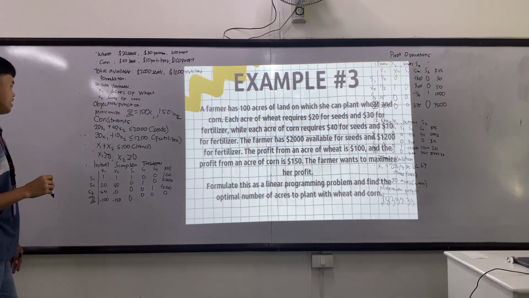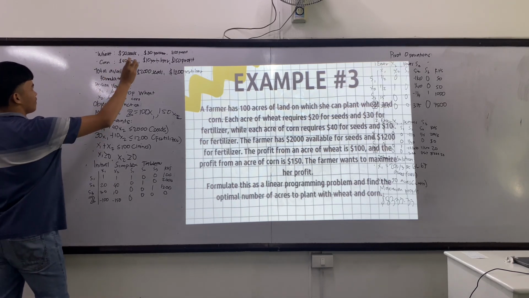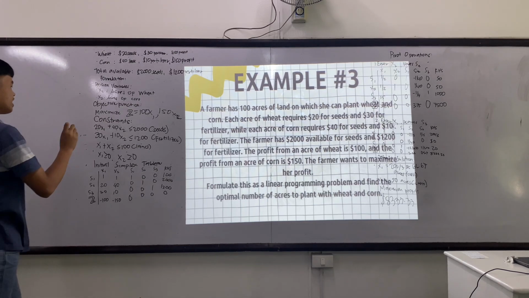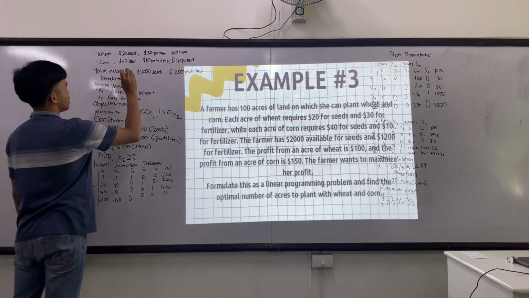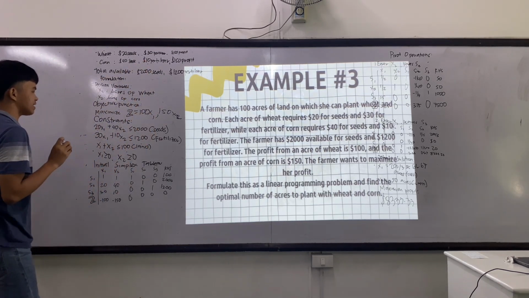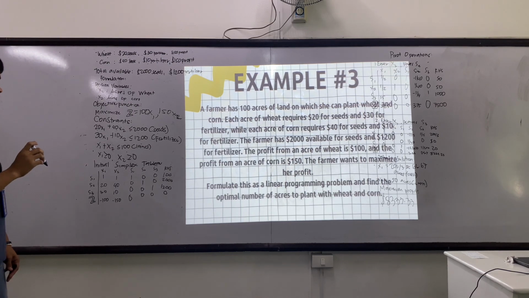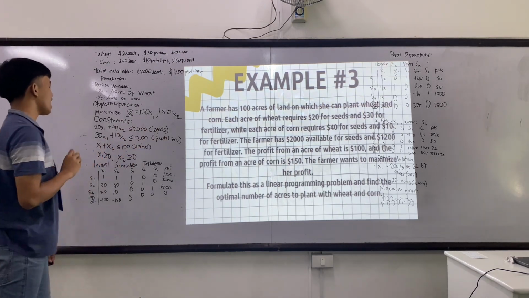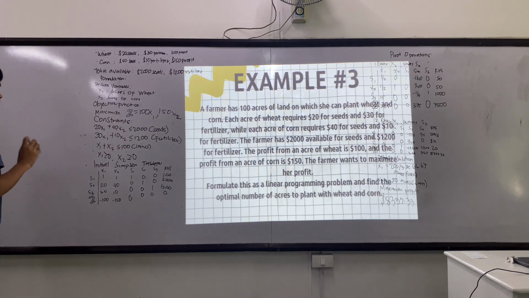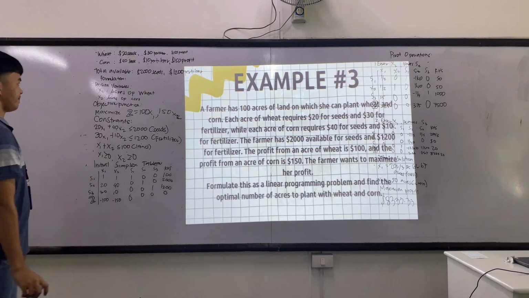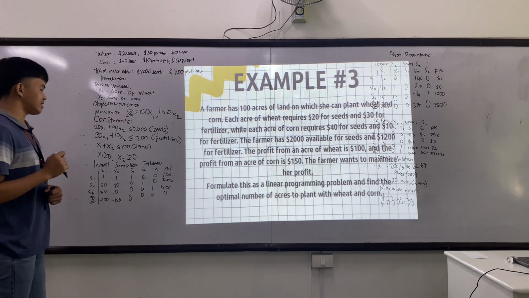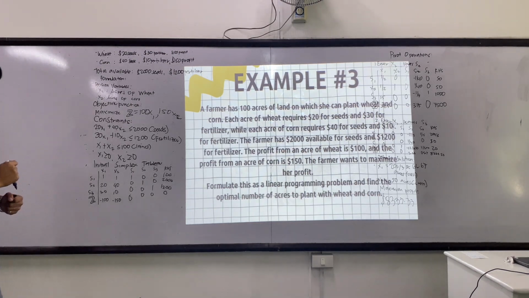And 30 x sub 1 from wheat fertilizer, plus 10 x sub 2 from corn fertilizer, is less than 1,200 for fertilizer. And for land, we have x sub 1 plus x sub 2 less than 100. And x sub 1 is greater than 0 and x sub 2 is greater than 0.